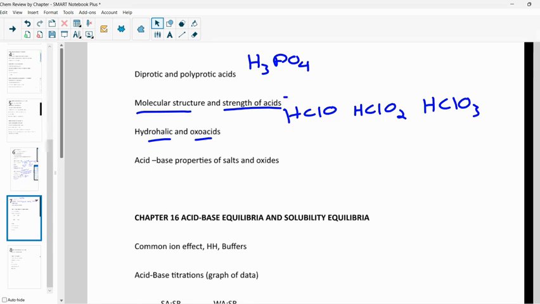We would look at our oxidation numbers of that central atom. And the higher the oxidation number of the central atom, the stronger the acid is going to be. The lower the oxidation number is, the weaker the acid is going to be. Just makes that bond more polarizable. Meaning, that H isn't bonded to the Cl, it's bonded to one of the O's, and it just makes that more polar, and it's able to get ionized.